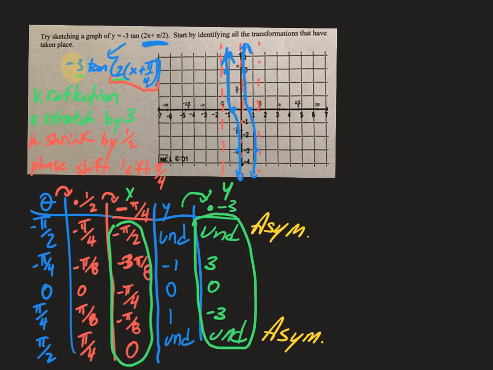Let's go ahead and take a second and calculate out the period, okay? So the period is again pi over b, and this time my b value was 2. So if I plug this in, we should get pi over 2 as my period, all right?